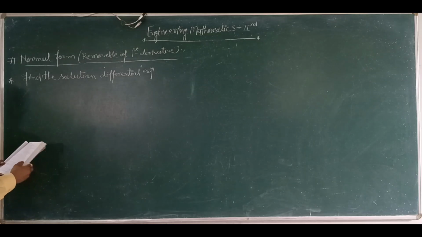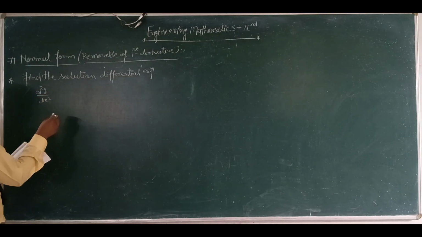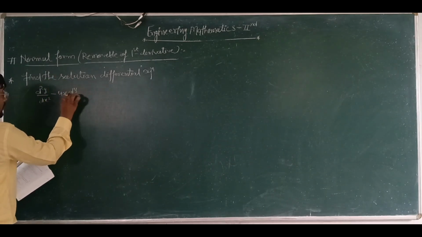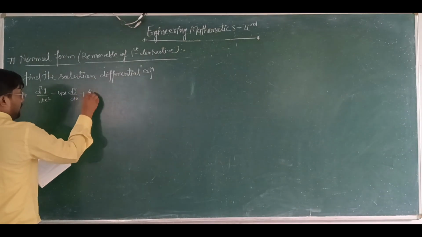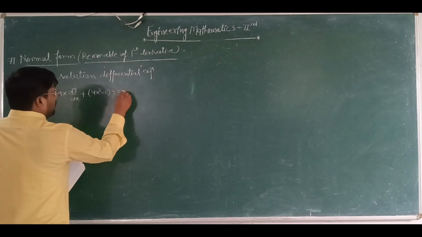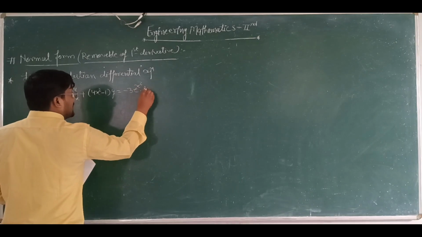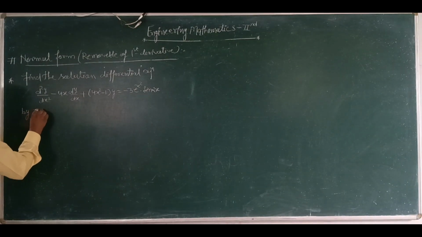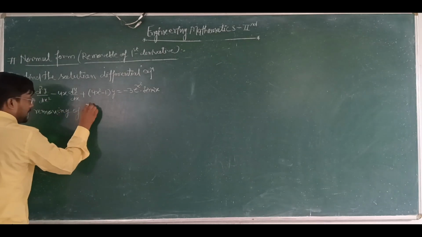You can note down the differential equation is d2y of dx2 minus 4x dy of dx plus 4x square minus 1 y is equal to minus 3 e to the power x square into sine 2x, by removing the first derivative.